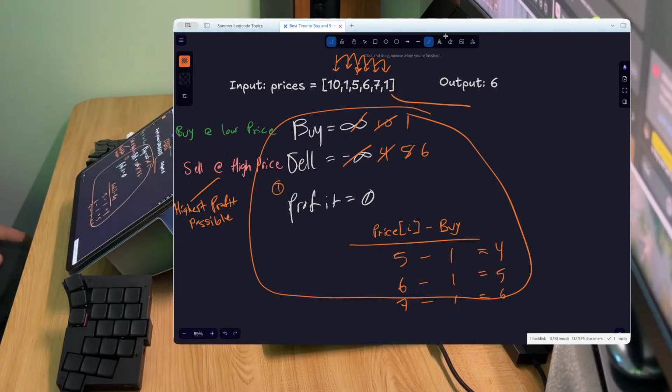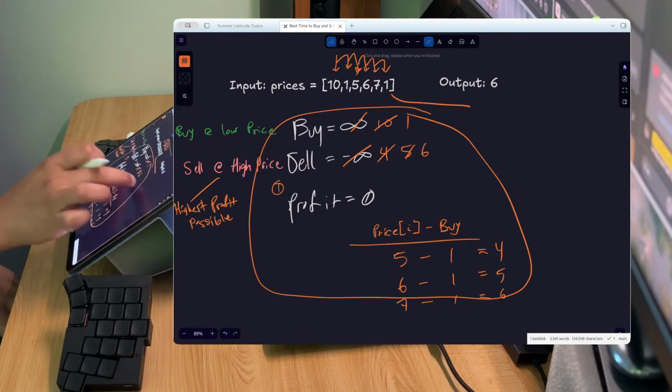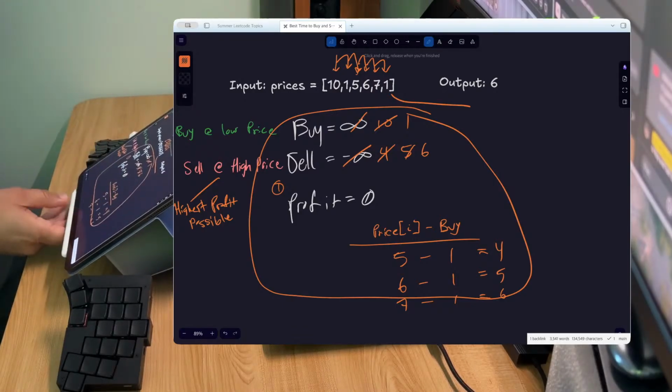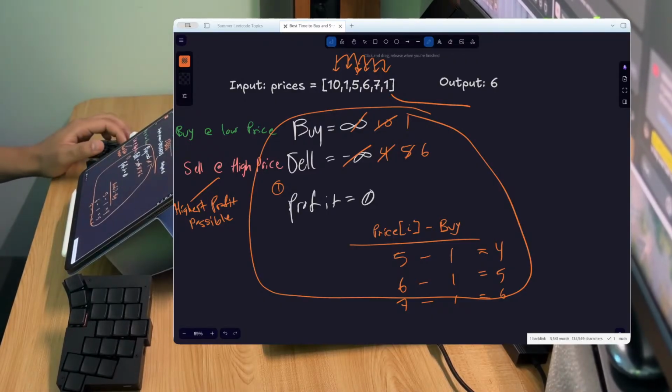I think we could just stop there. I think this works. Should we try it?